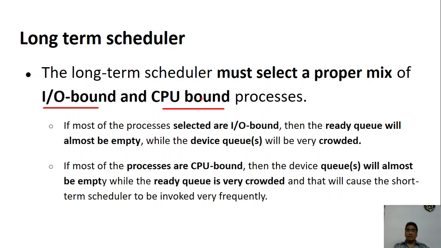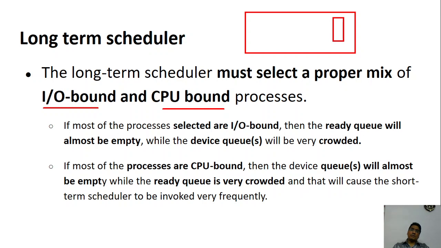That means your ready queue is full because everybody is waiting for the CPU, and once anybody enters the CPU, they will take the full quanta time because they don't want any extra data. They will take the full time. So the CPU is busy. What about the input output device queues? Device queues are empty because nobody is making any request. Nobody wants the data. So nobody is requesting anything from the input output device. They are simply, ideally, sleeping.